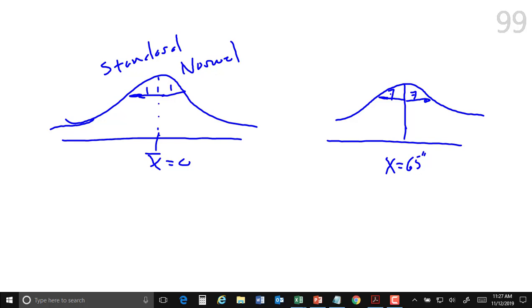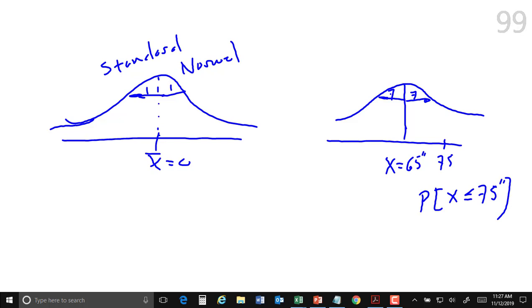Now, supposing that I pick one of you at random, and let's say this is 75 inches. I want to know the probability that the random variable X is less than or equal to 75 inches.